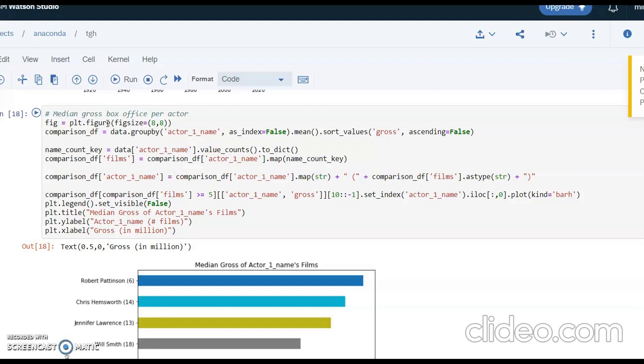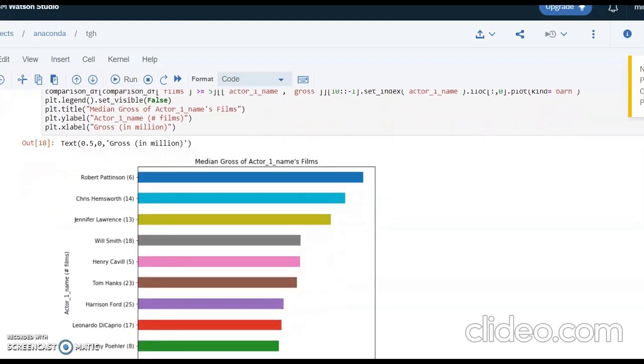So we have an X and Y label, then a title, and then a legend. We're trying to graph it out with this function to see what movies were successful based on what actors were in them.